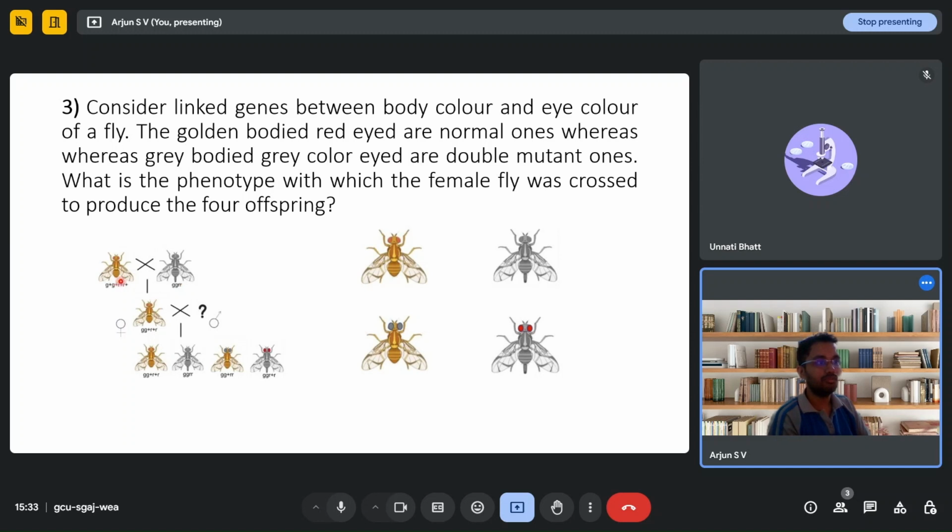Both are crossed together to give G plus R plus, which is once again the golden body and red-eyed color. They are asking which should be crossed to give this kind of combination. I'll give the room two to three minutes to think about it.